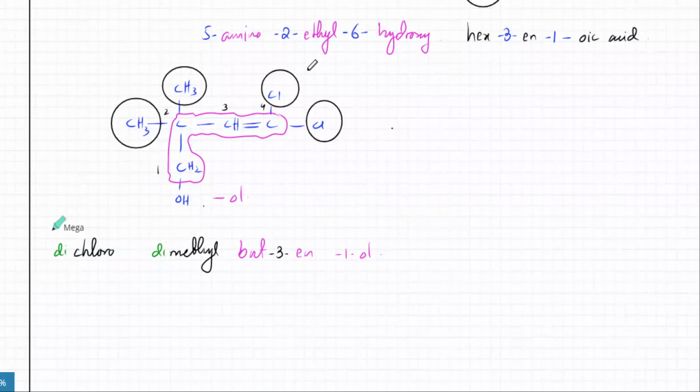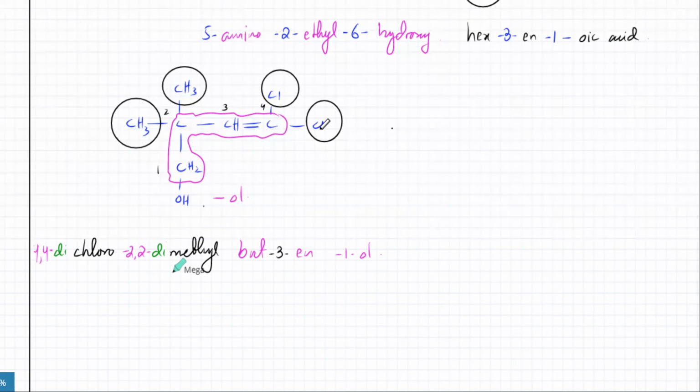Both chloros are at 4, so it's going to be 4,4-dichloro. And both methyls are at position number 2, so it's going to be 2,2-dimethyl. Both of them are at 2, one is at 2, the other one is also at 2. Both chlorines, one is at 4, the other one is also at 4.